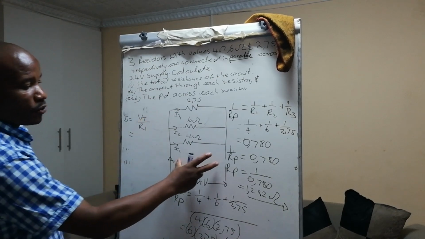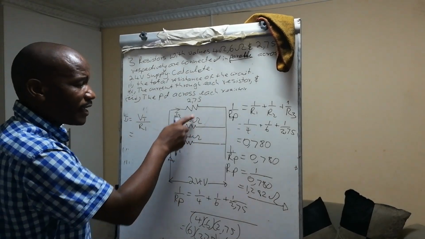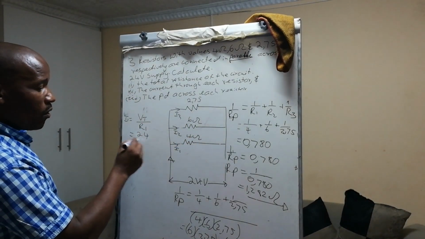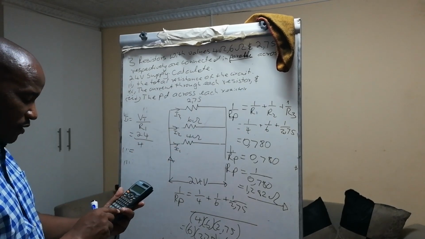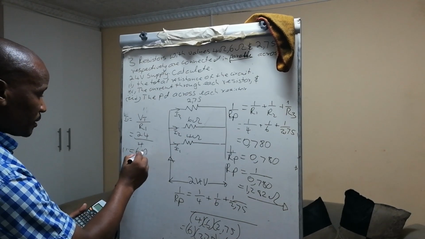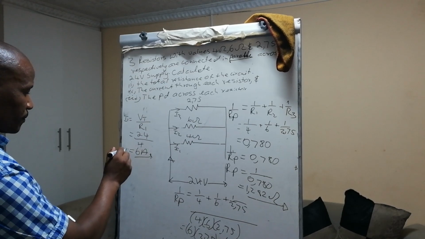Why total? Because they operate from the same voltage. The voltage here and there is the same. So it's 24 over 4 ohm, which is 6 amps.